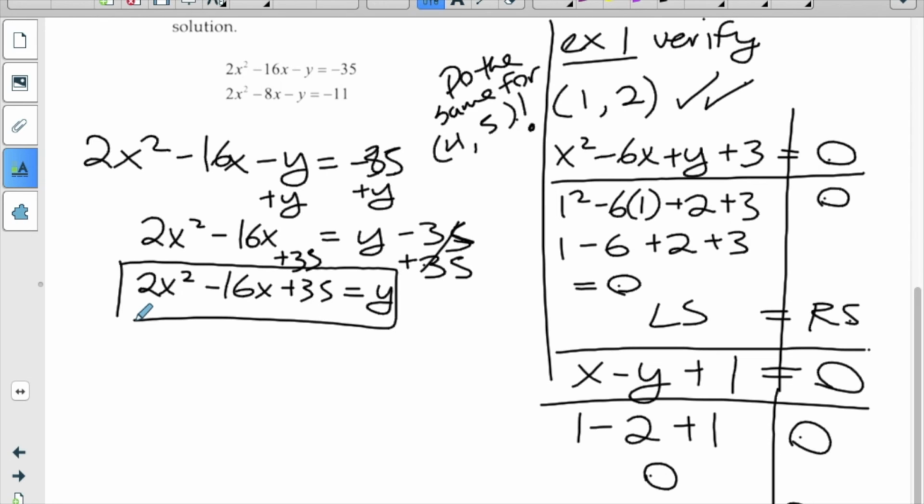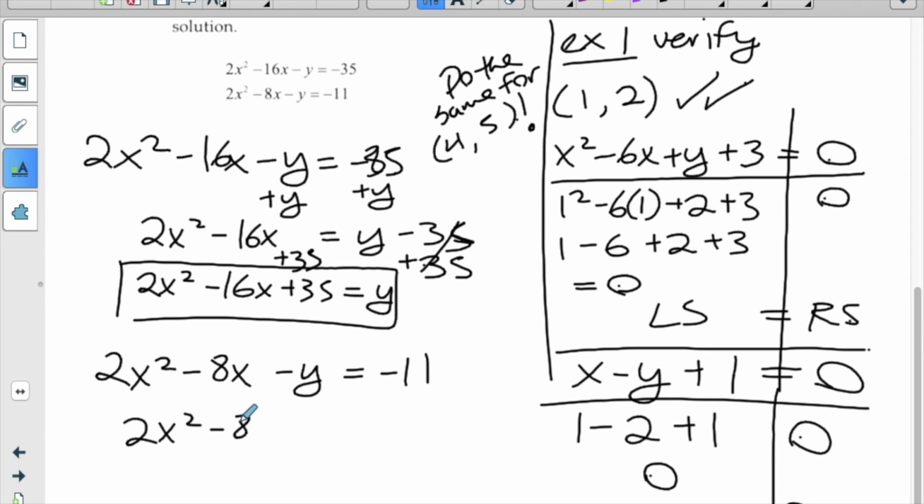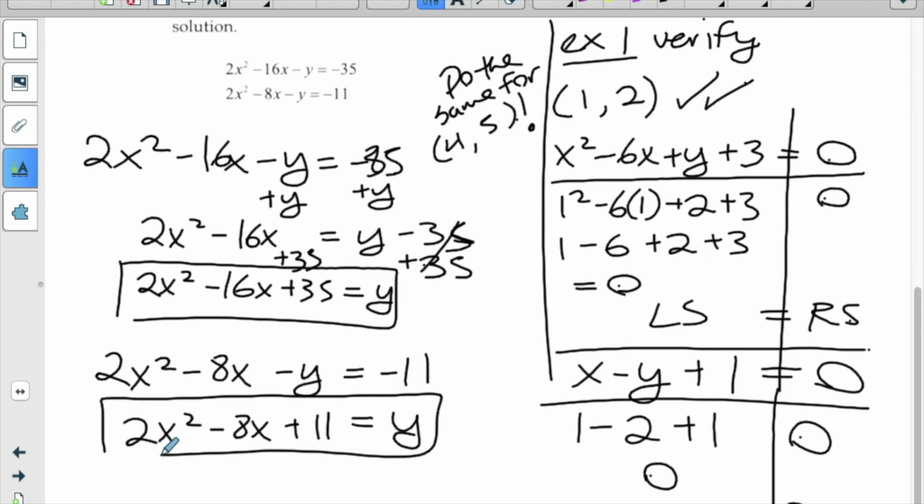So this equation is going to become, the y will become positive on this side, the 11 will become positive on this side. 2x squared minus 8x plus 11 equals y. There's the second one. So this is a system of equations where we have two quadratic equations.